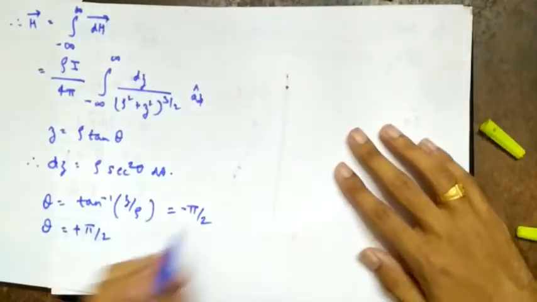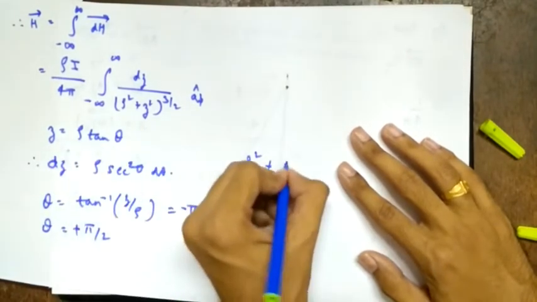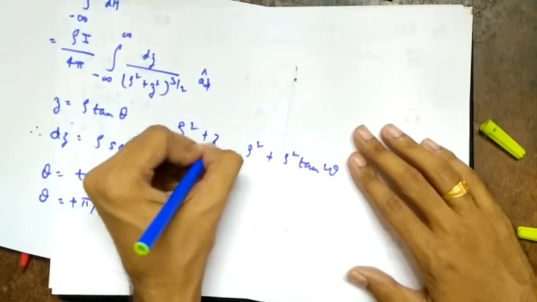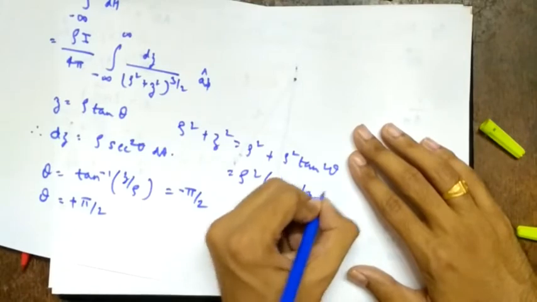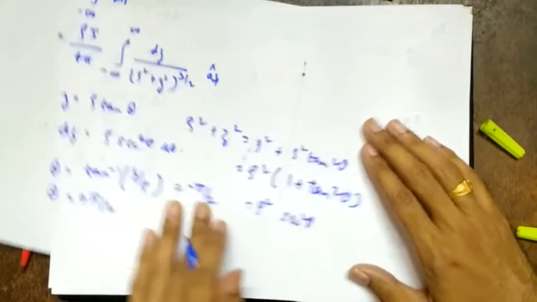What will be rho square plus z square? Rho square plus rho square tan square theta, which equals rho square times 1 plus tan square theta, so rho square secant square theta, right?